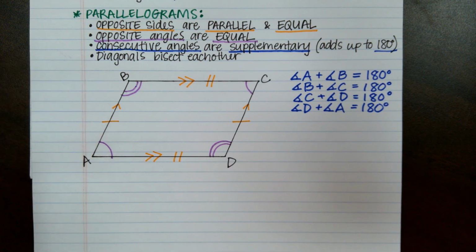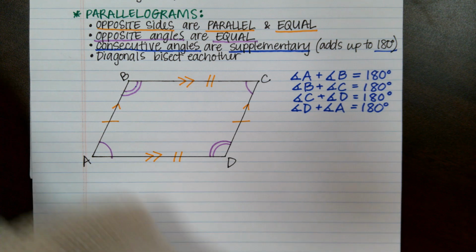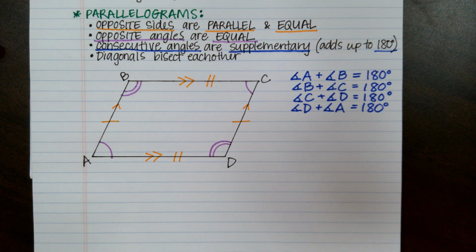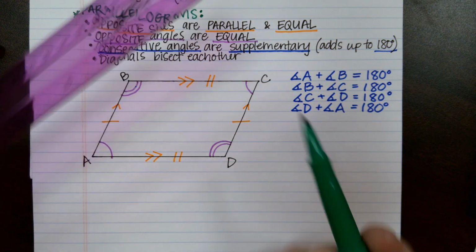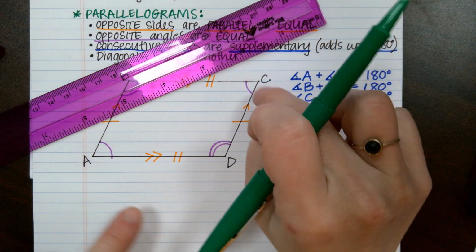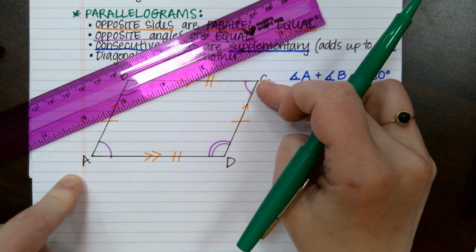Okay, now the last thing is talking about something we call diagonals. And that's a pretty simple thing to show you. Let's use green. So what a diagonal is, it is just a line that connects opposite corners to each other.